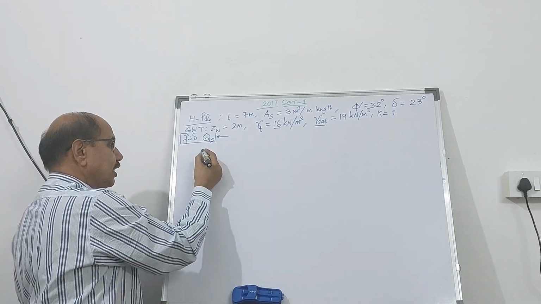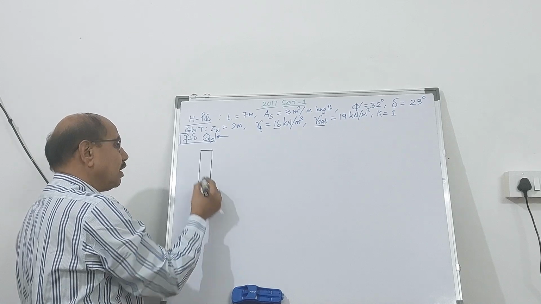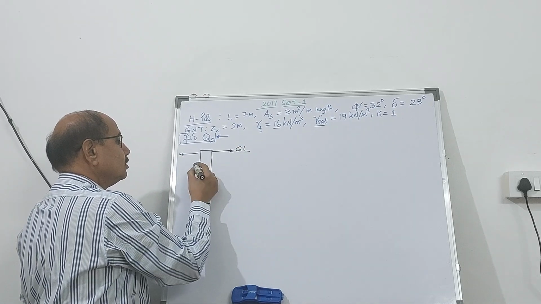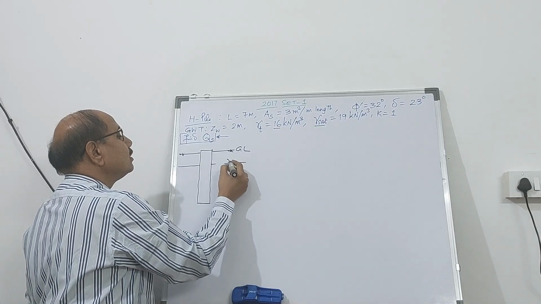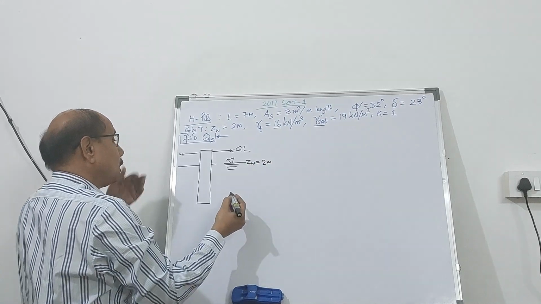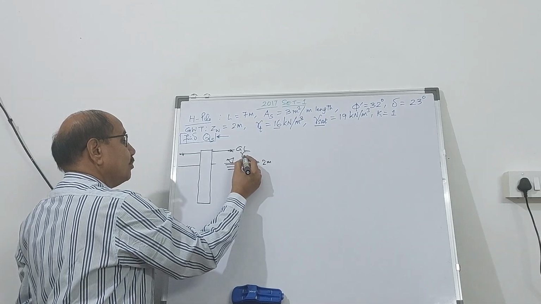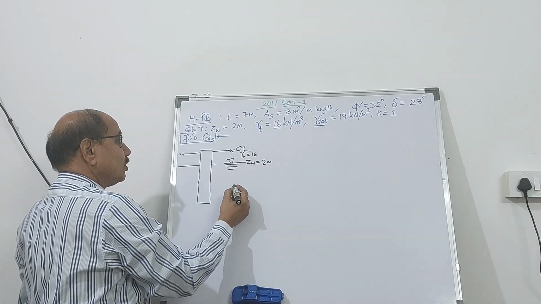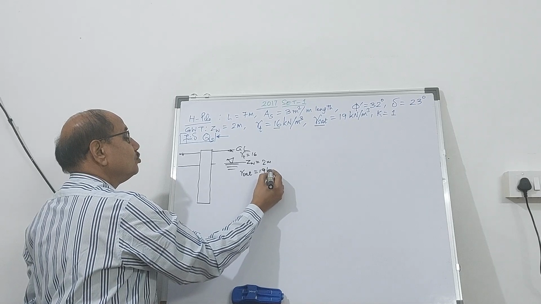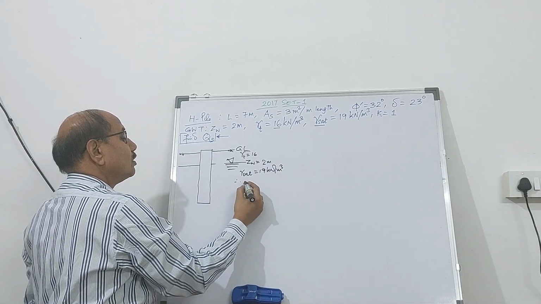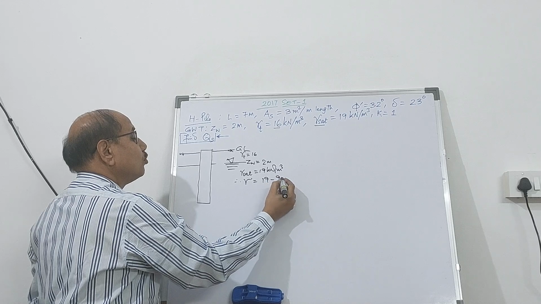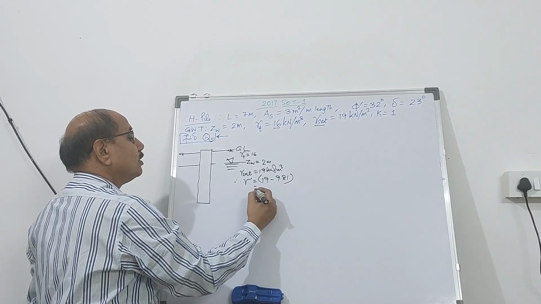So if you take an H pile, this is the H pile embedded into the ground, and this is the ground level, and the groundwater table is shown at ZW equal to 2 meter, and the unit weight here, gamma T, is 16 kilonewton per cubic meter, and here the saturated is 19 kilonewton per cubic meter, and therefore the submerged unit weight will be 19 minus 9.81, that is the unit weight of water.